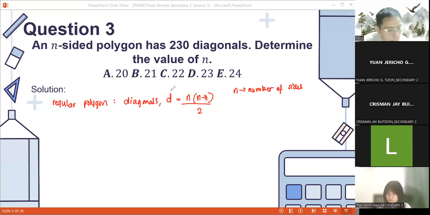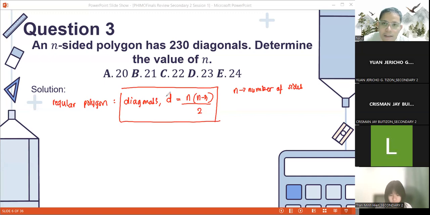So in here, we can use this formula only, right?